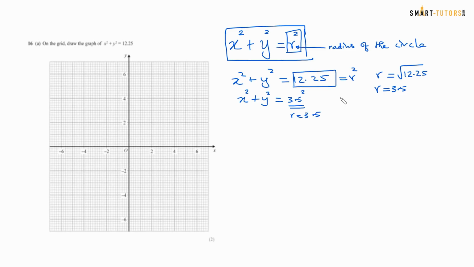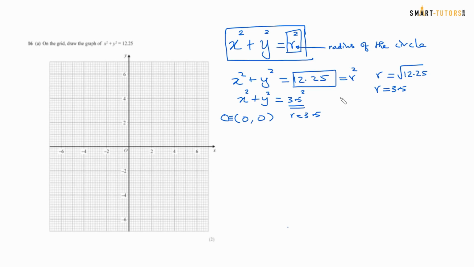Now I found the radius is 3.5, and in this kind of question the center point has to be 0, 0. So the center point O is 0, 0, and the radius is 3.5.